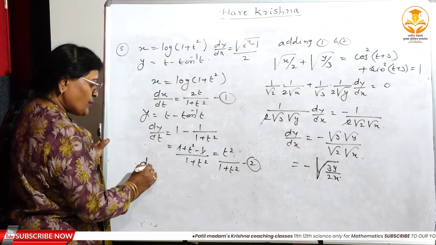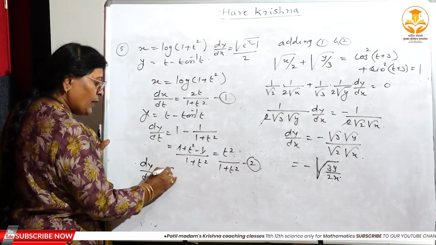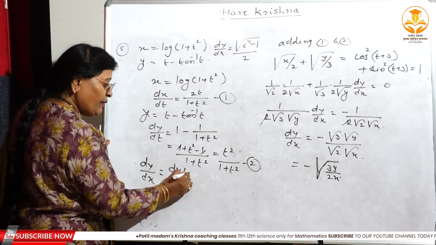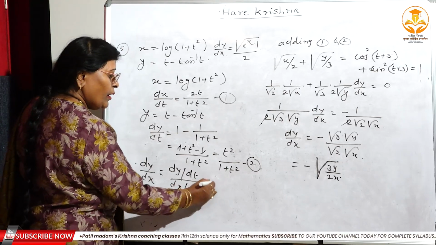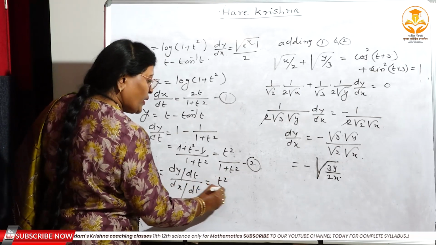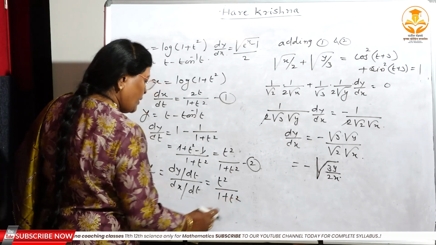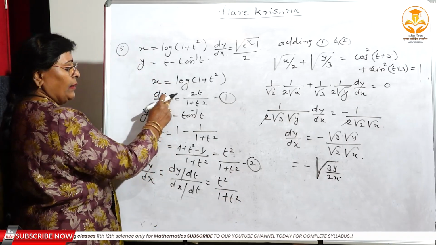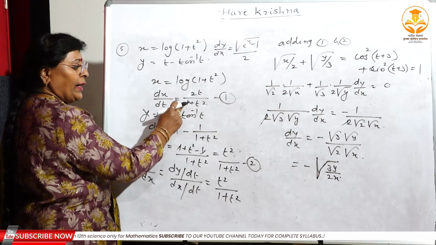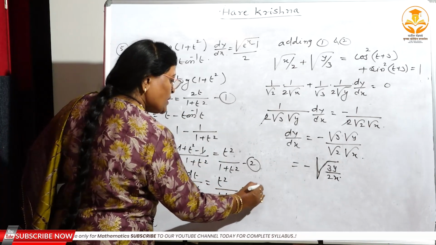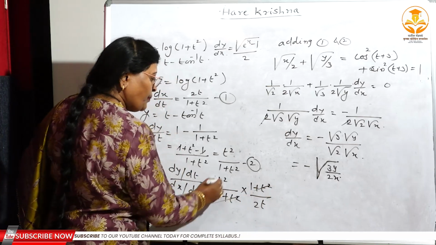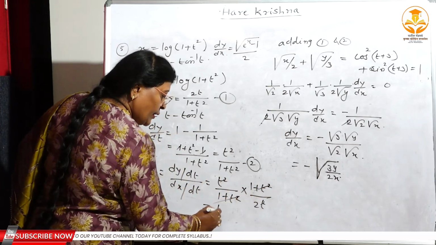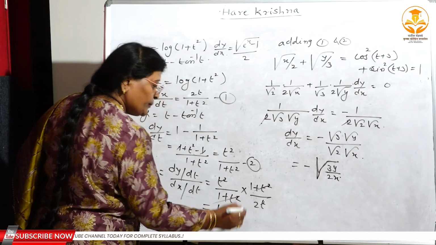Now, since we want dy by dx, therefore apply the theorem, that is dy by dt divided by dx by dt. What is dy by dt? That is t square divided by 1 plus t square and divided by dx by dt, that is 2t divided by 1 plus t square. 1 plus t square gets cancelled. Again 1 t gets cancelled. Here you have got half.